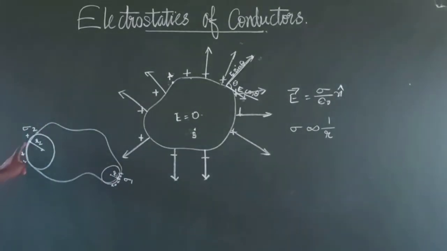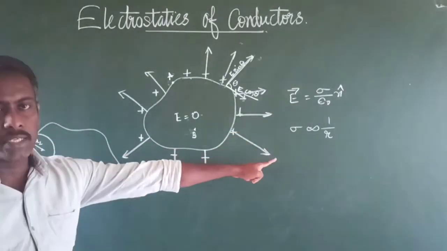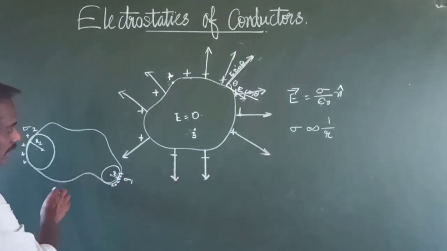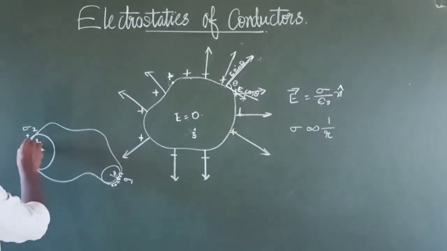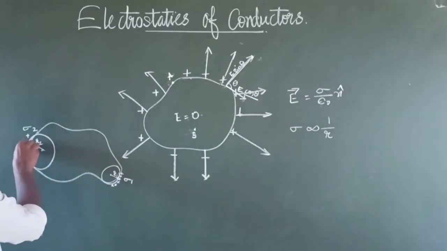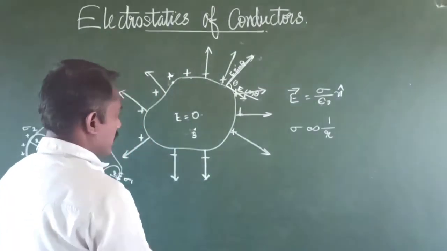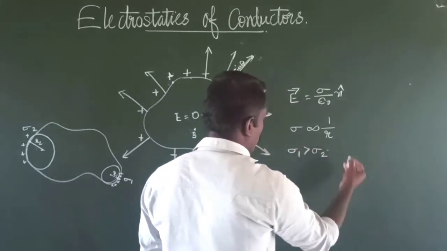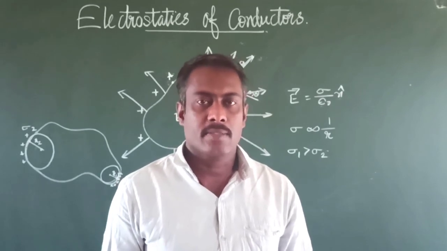As the charge density is inversely proportional to the radius of curvature, here the radius of curvature is less, so the surface charge density is large. Here the radius of curvature is large, so the surface charge density is less. So we can write sigma 1 is greater than sigma 2. So this is all about the electrostatics of conductors. Thank you.